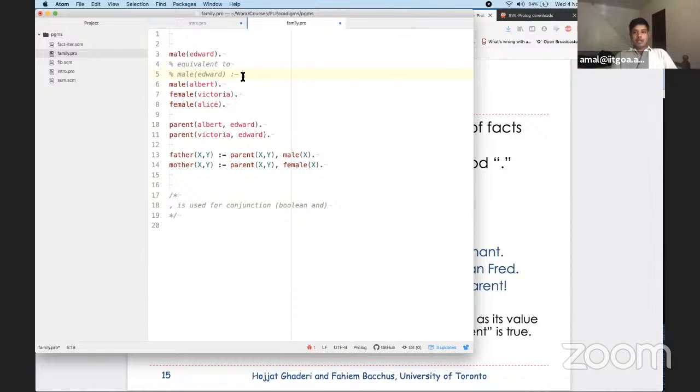That means from emptiness I can get mail Edward. In order to prove mail Edward, I don't need to prove anything. If I have an empty premise, I can conclude mail Edward. So mail Edward dot is simply equivalent to mail Edward if dot.